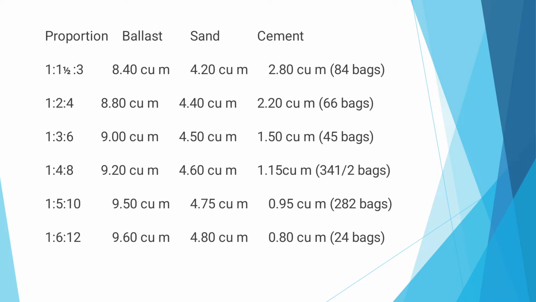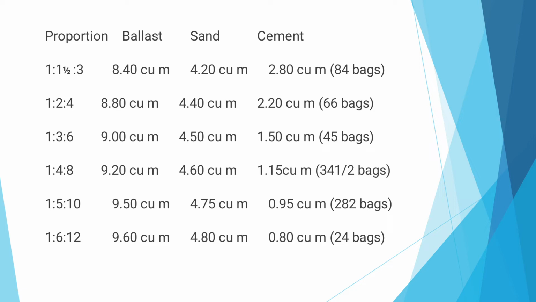The next proportion 1:3:6: ballast is 9 cubic meter, sand 4.50 cubic meter, cement 1.50 cubic meter. Therefore, 45 packs of cement. The next proportion 1:4:8, already we completed the calculation: ballast 9.20 cubic meter, sand 4.60 cubic meter and cement 1.15 cubic meter. Therefore, 34.5 packs.